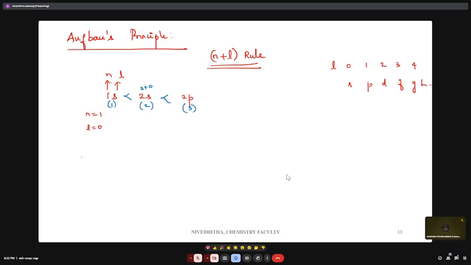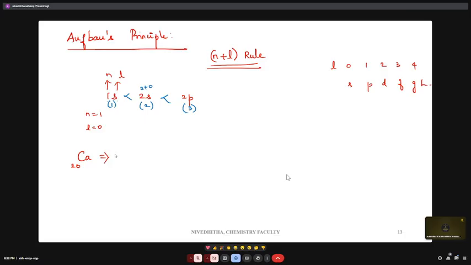I'm going to talk about an atom called calcium. What is the atomic number of calcium? How many electrons does this calcium atom have? 20, ma'am. 20. Could you please tell me the electronic configuration?